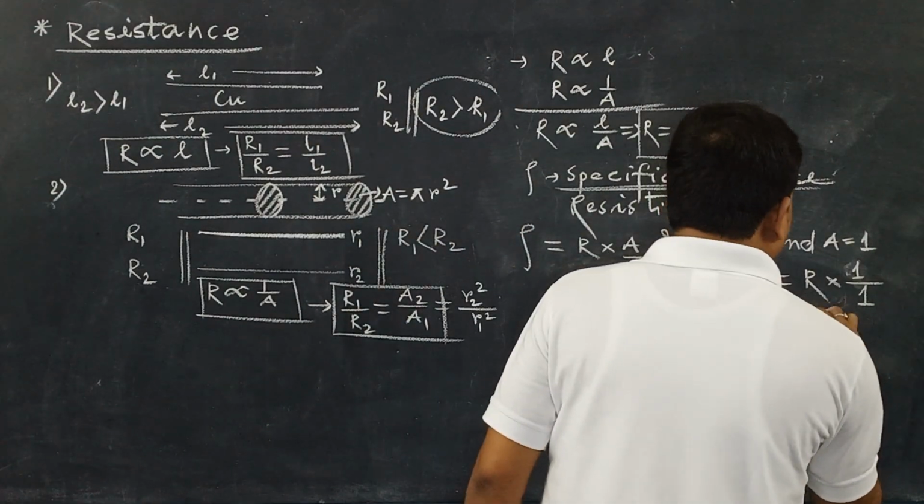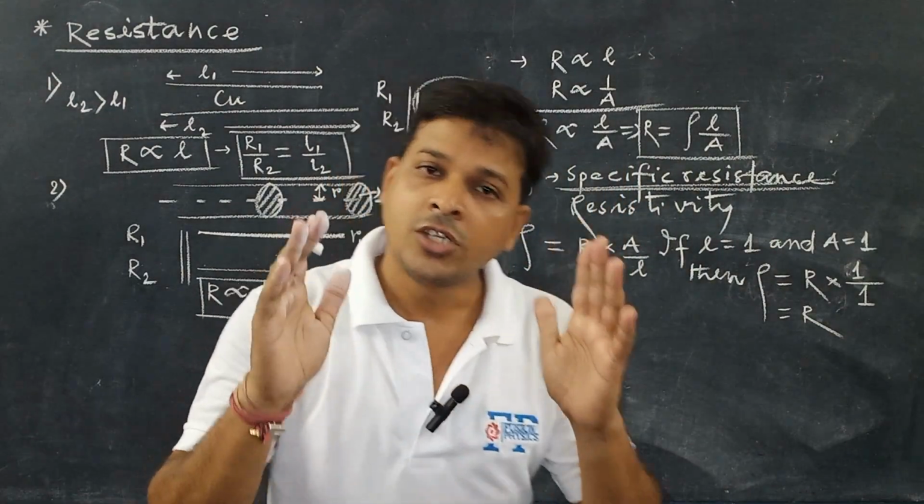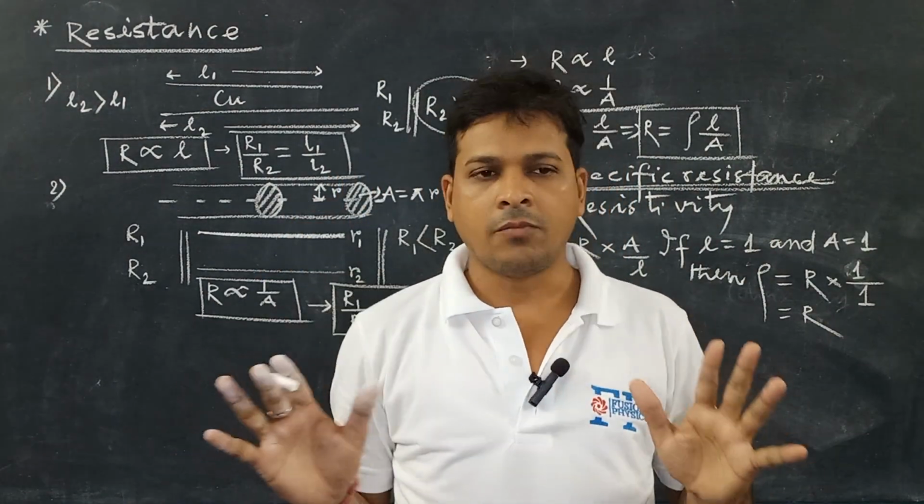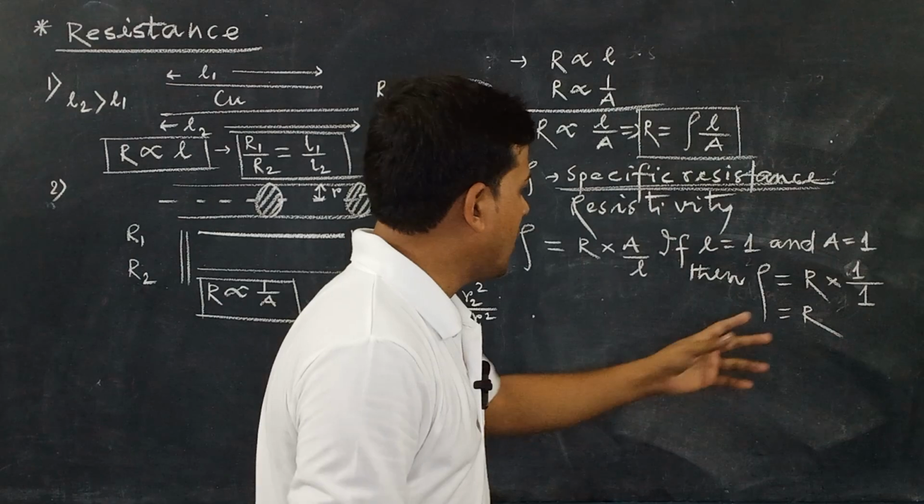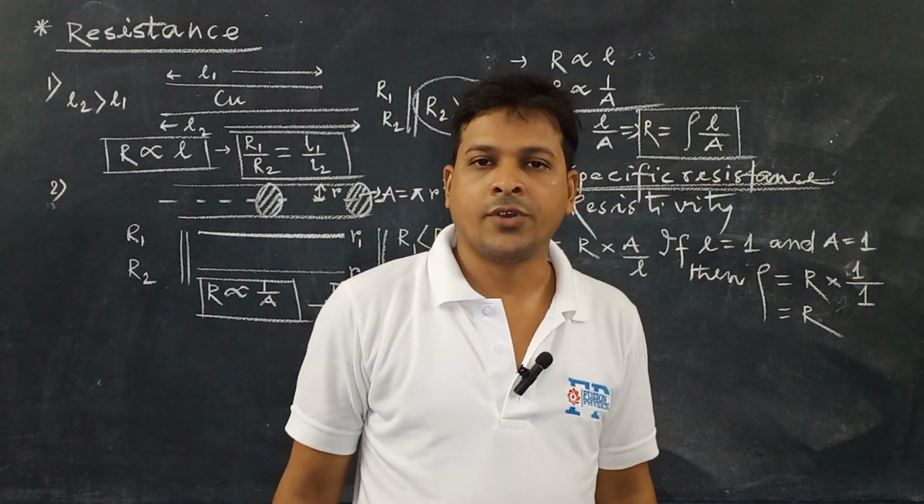In other words, for a unit cube, the resistance offered by the unit cube will be its resistivity.